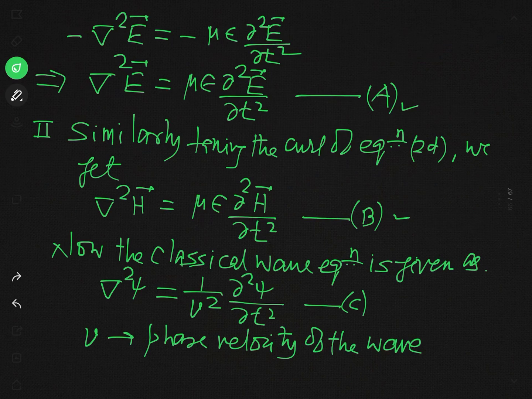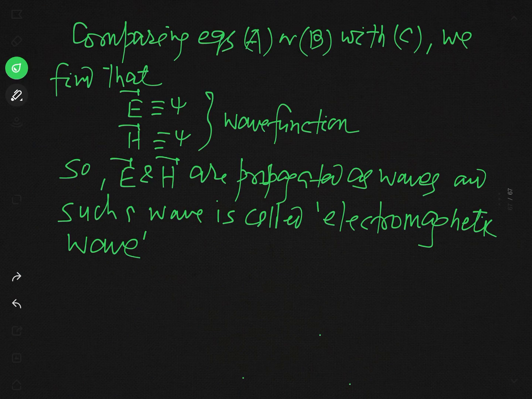So definitely this mu into epsilon will represent 1 over v square. So from here we can find the phase velocity of the electromagnetic wave traveling in this isotropic dielectric medium.